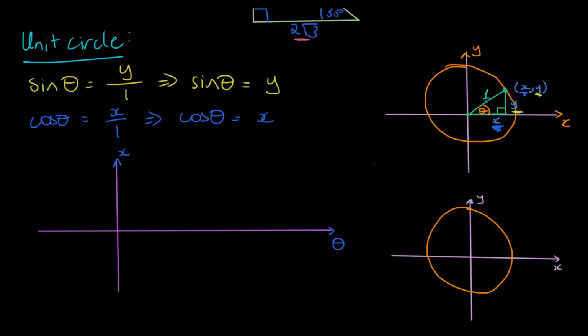Just as a reminder, we're going to measure theta from the x-axis like that, and it's going to increase as we move counterclockwise around the unit circle. So as I move up this axis here, I'm going to be moving around the unit circle like this.